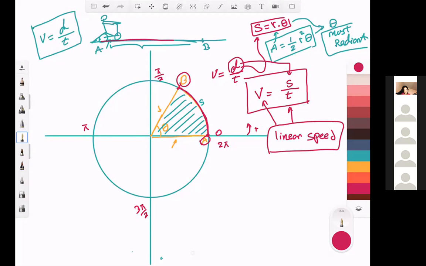So the linear speed will be S over T. Any question here? So we got the new formula, the linear speed, S over time.